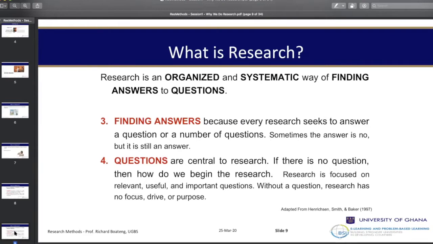We can both be interested in studying the recent pandemic in the world, COVID-19. But you may have different questions, I may have different questions, but we are all trying to study the same phenomenon. So the question you are asking matters more than the topic, because the topic may be generic, may be similar to somebody else's, but the question that you ask is what differentiates your research from another person's research.